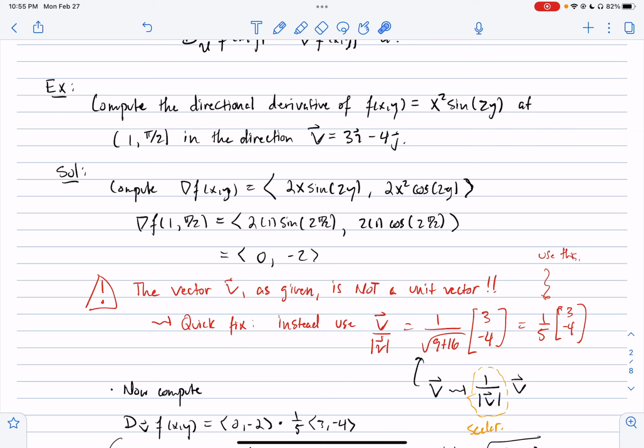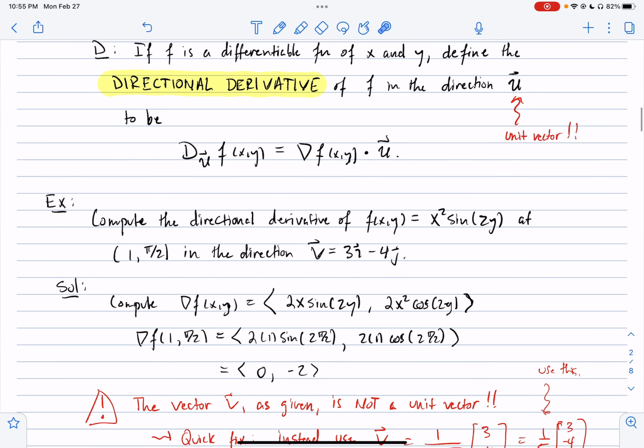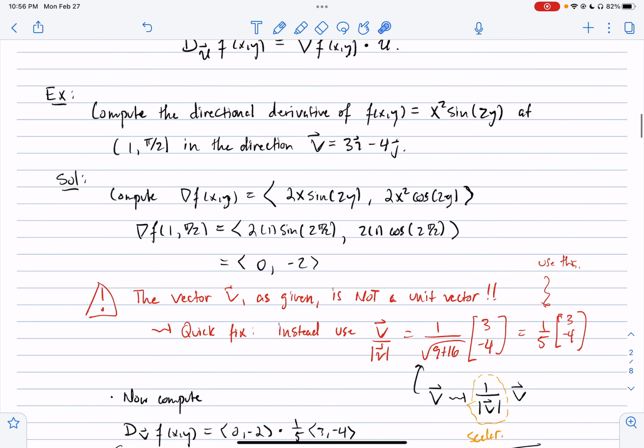However, v is not a unit vector, and yet in the definition of the directional derivative, u was required to be a unit vector. So what we need to do is rescale v such that it is a unit vector. So that's what this warning is about.